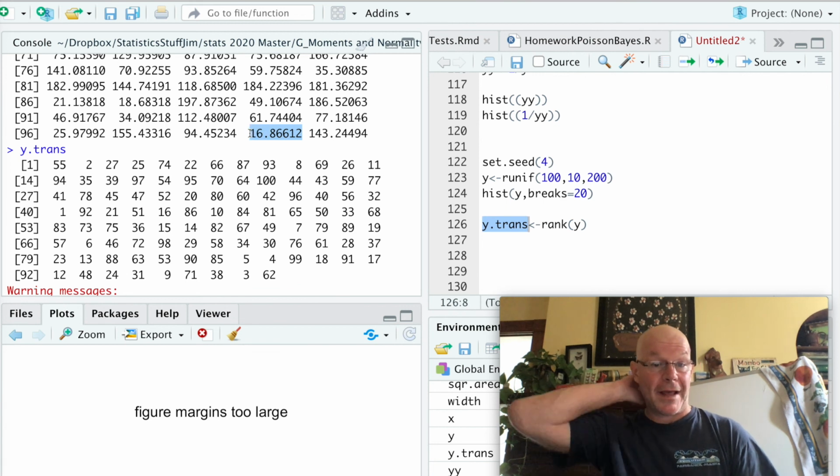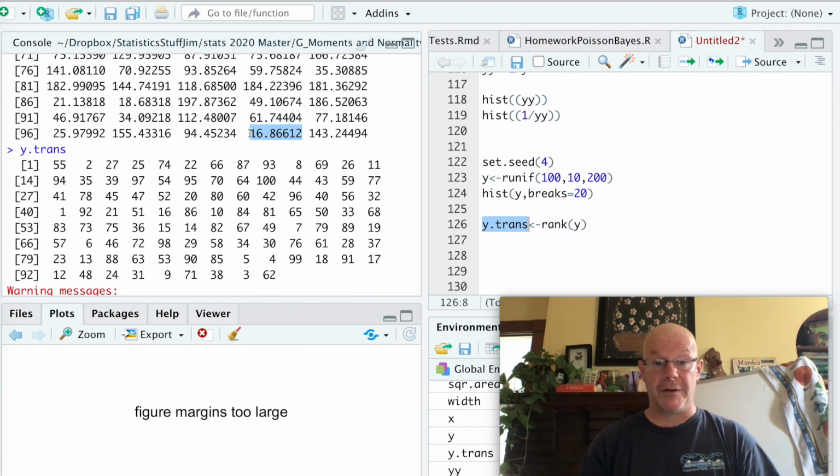So 16.86 was the third smallest number, and 143.2 was the 62nd largest number, or however you want to think about it. But there's no way I'm going to be able to back transform that. And so that's why I call it the nuclear option.